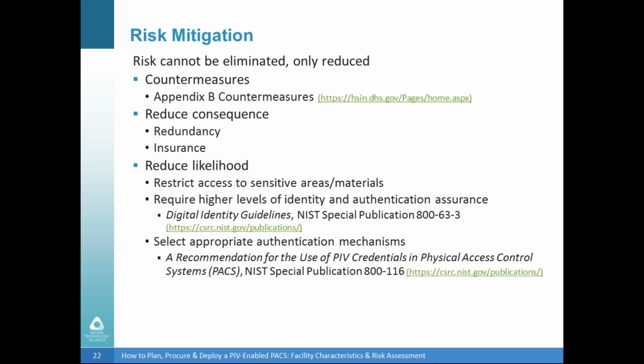You can choose to reduce the consequence through things like redundancy or insurance. You can also choose to reduce the likelihood of an undesirable event by restricting access to sensitive areas or materials. You can require higher levels of identity and credential assurance. NIST recently released Digital Identity Guidelines, Special Publication 800-63-3.